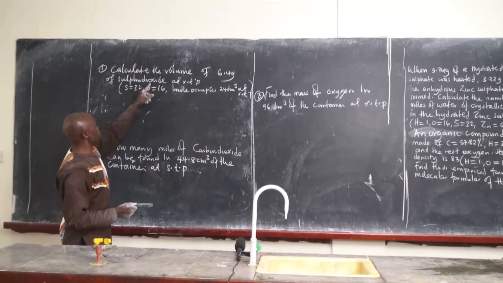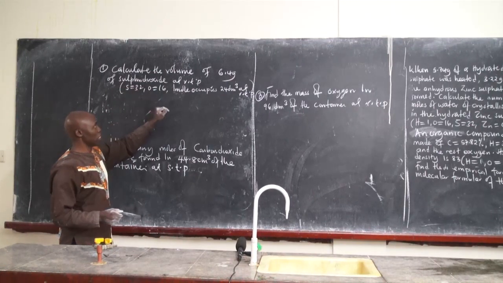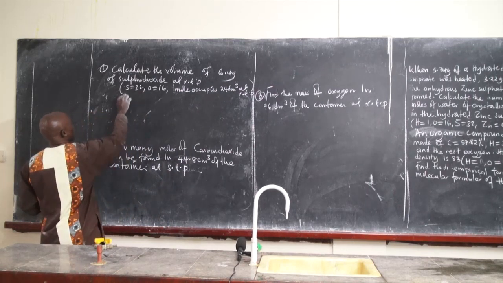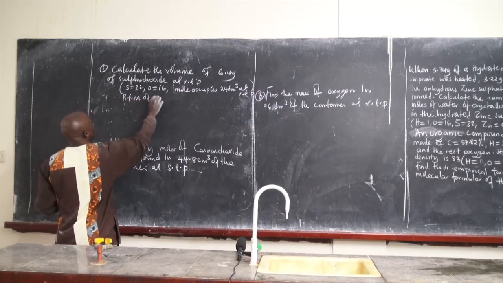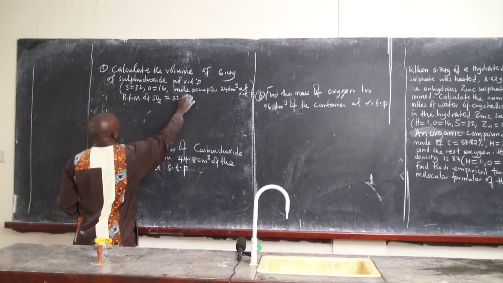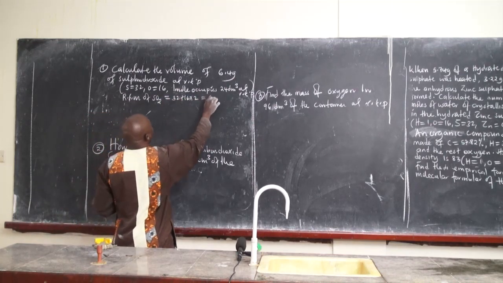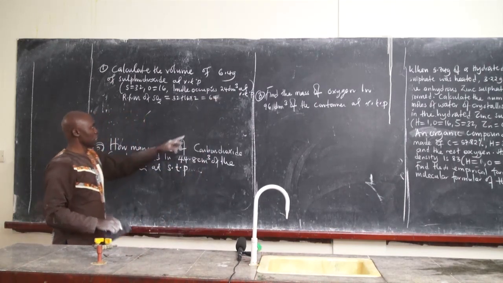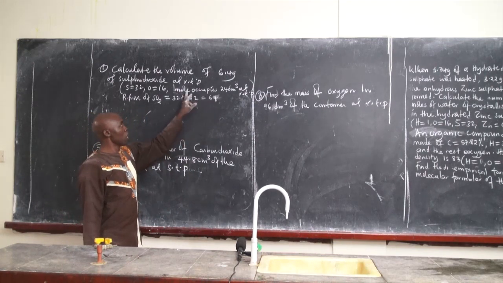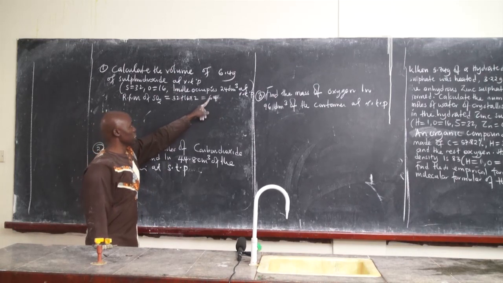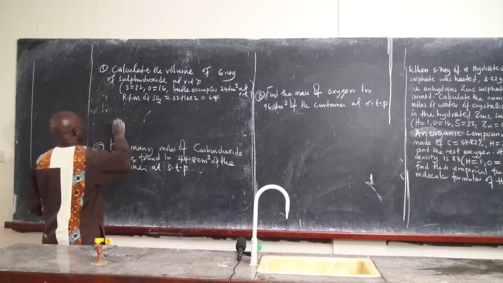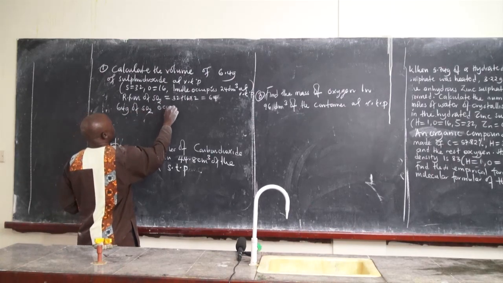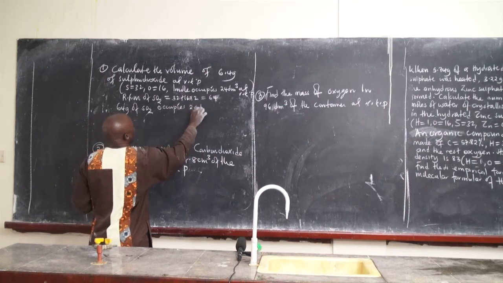Now calculate the volume of 6.4 grams of sulfur dioxide. Since the question has given us mass, I will find the RFM. RFM of sulfur dioxide is 32 plus 16 times 2, which is 64. Now 64 grams contains 1 mole, and 1 mole occupies 24 dm cubed. So 64 grams of sulfur dioxide occupies 24 dm cubed.